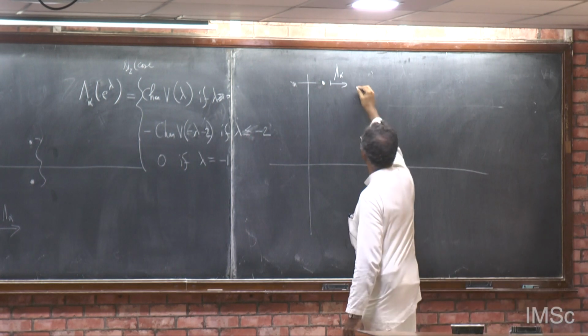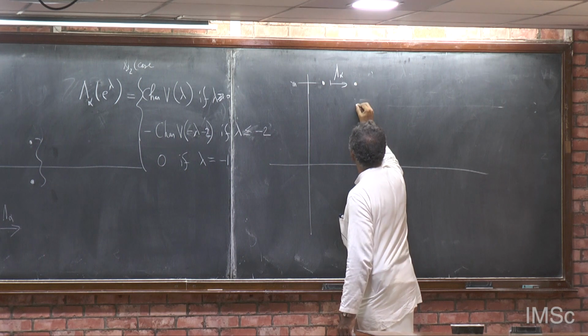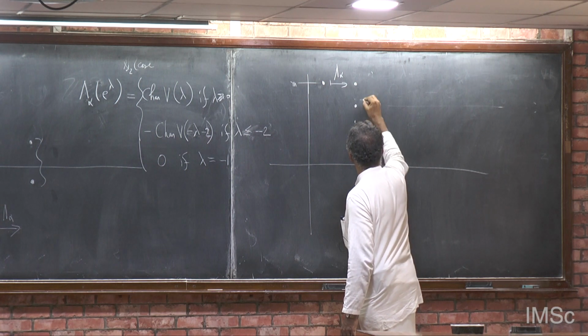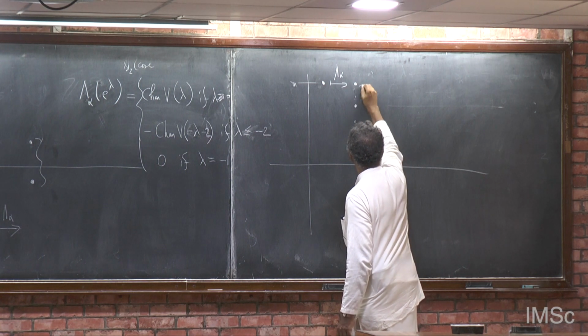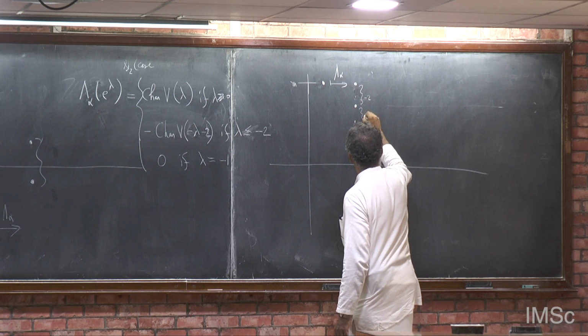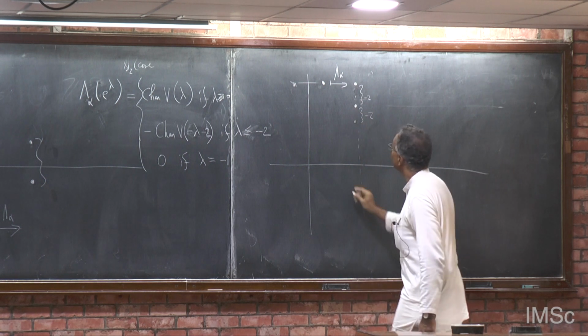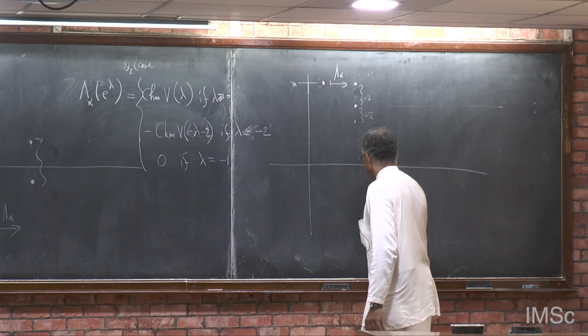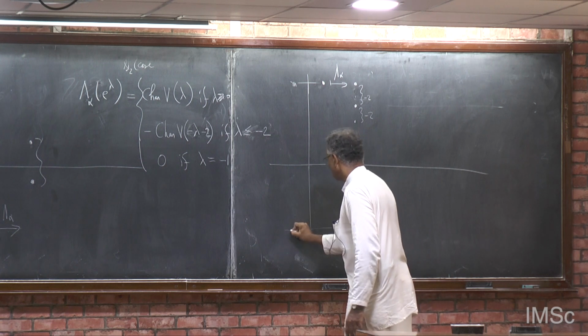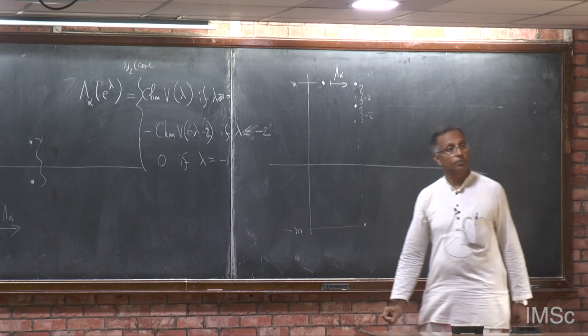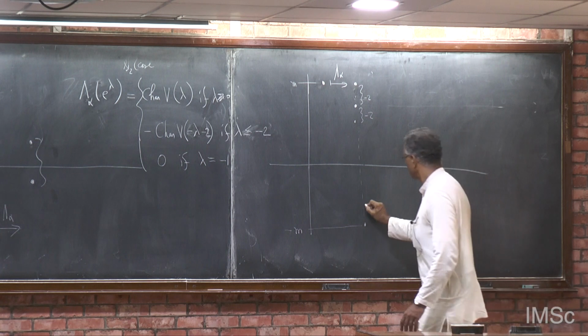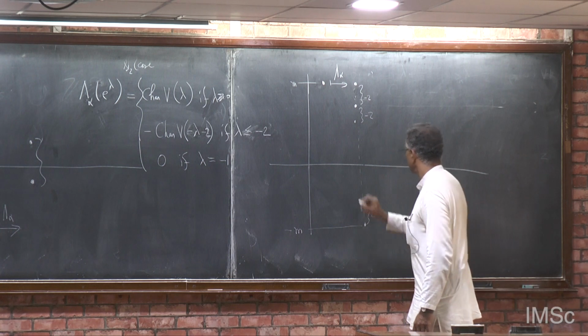It starts here in jumps of -2. So this distance is -2, -2, -2, etc. If I start with m, I come all the way to -m. All these steps are 2.